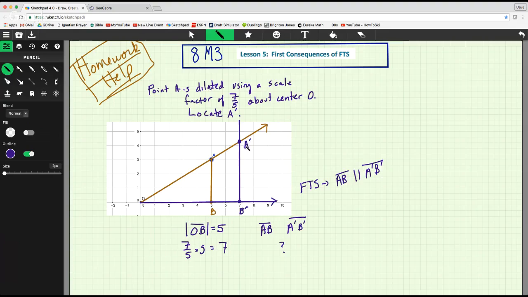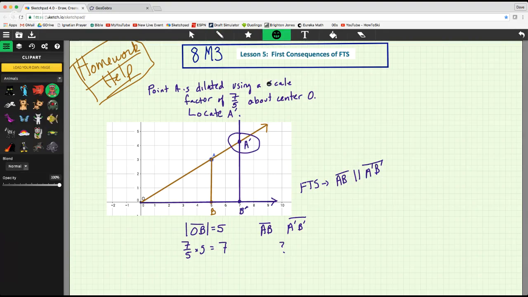So we have found our point A prime. See that trick? We don't know how long this is, but we do know how long this is. And then we can use our fundamental theorem of similarity to find point A prime.